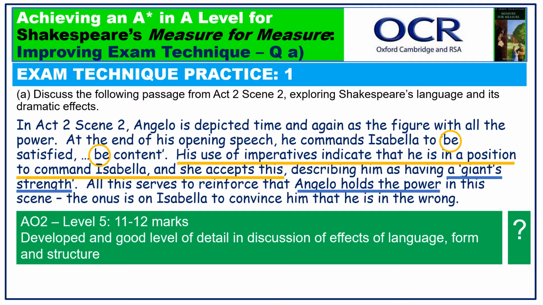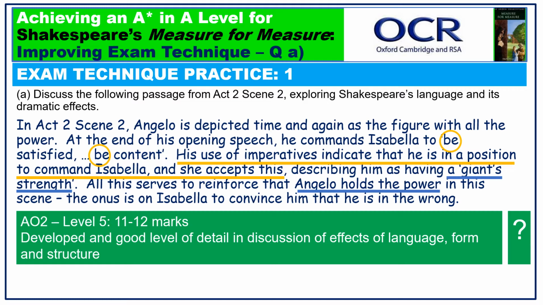So, could this be in the band below level 5, which requires the discussion of the effects of language, form and structure to be developed and to have a good level of detail? Again, I would say no, at least in relation to this short paragraph. There is little development.